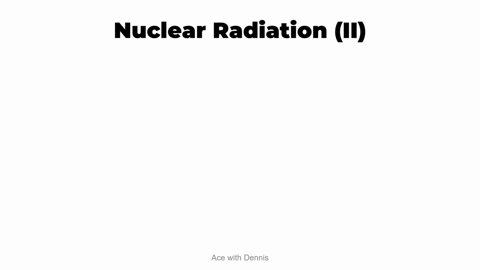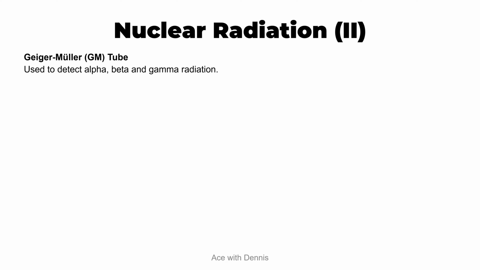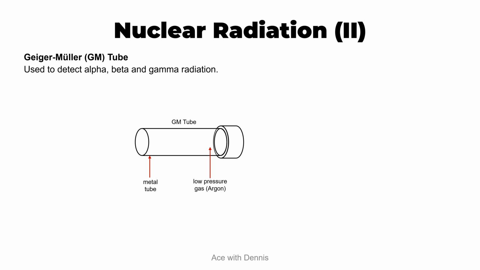Now we'll discuss several devices that can detect radiation. The first device is the Geiger-Müller or GM tube, which is used to detect alpha, beta, and gamma radiation. Now let's talk about the structure of this GM tube. It is made out of a metal tube, and inside the tube is filled with low pressure gas, which is argon.